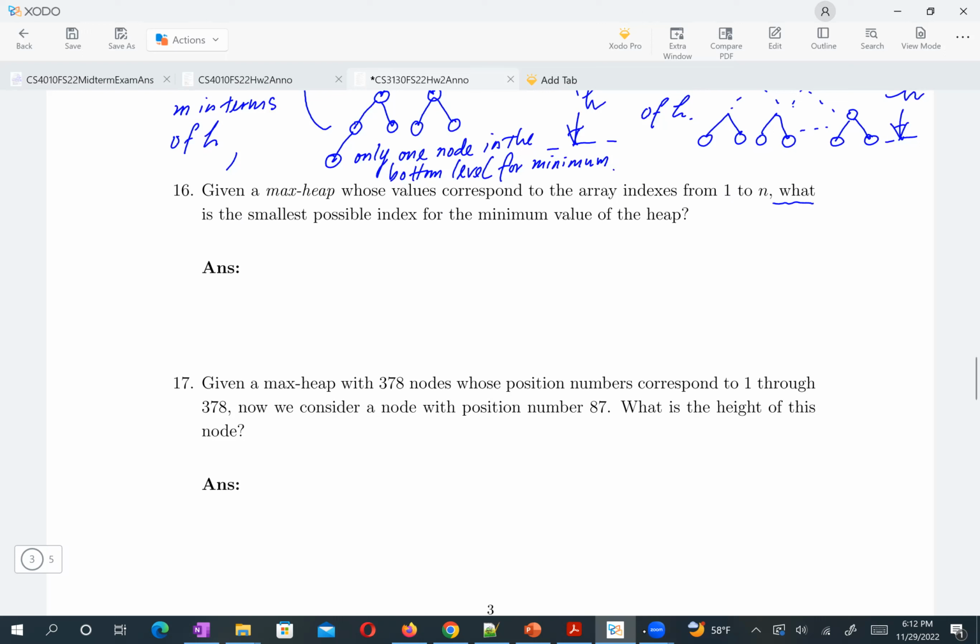Let us try to understand the question. What is the smallest possible index for the minimum value of the heap? So here we consider the location of the minimum in the heap.